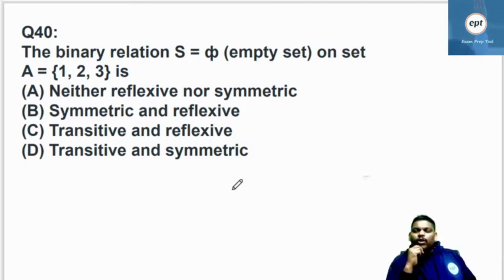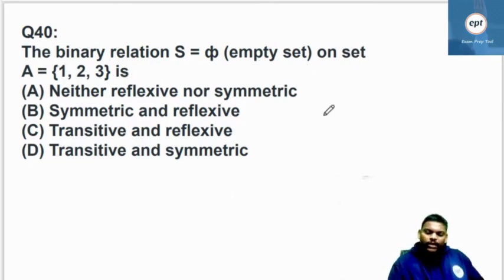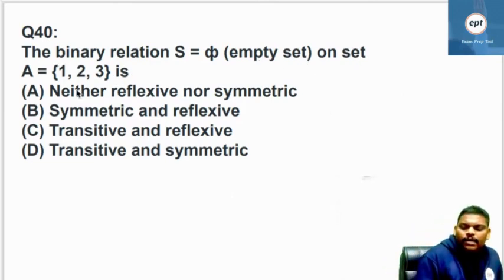We already have the formula in the class notes, right? Rohit, it is already there in the class notes, right? The binary relation S is equal to pi, the empty set. Can you help me now? Pi means it cannot be reflexive. Neither reflexive nor symmetric?